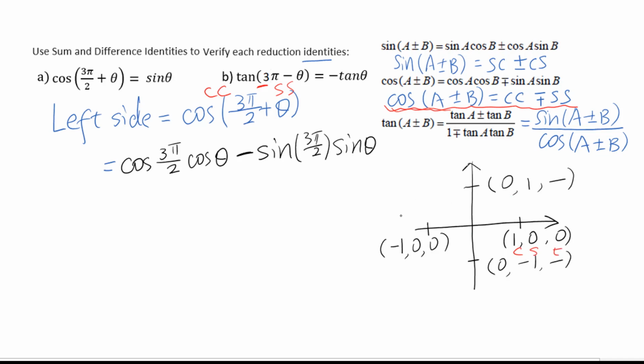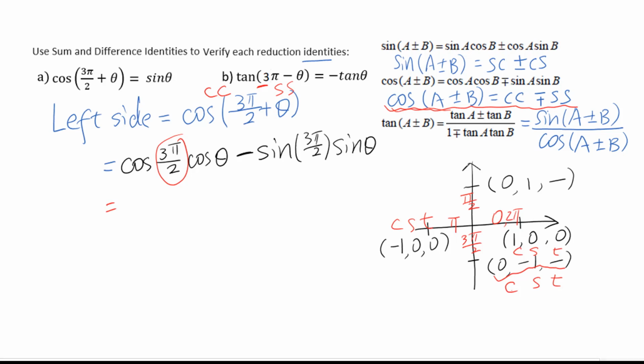So remember, the coordinate is CST. This will be 0, this will be pi over 2, this is pi, 3 pi over 2, then you have 2 pi here. We're looking for 3 pi over 2, which will be this. So cosine 3 pi over 2 equals 0. Sine 3 pi over 2 equals -1. Tangent 3 pi over 2 is undefined.